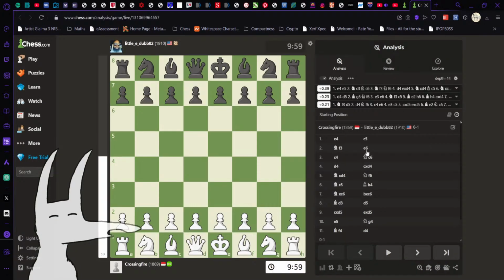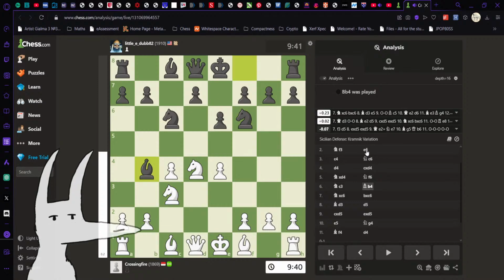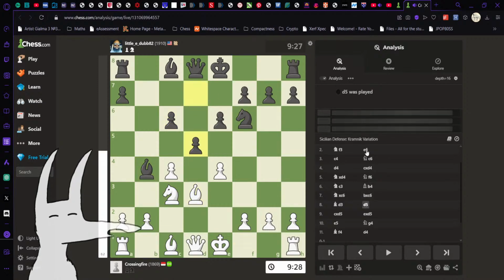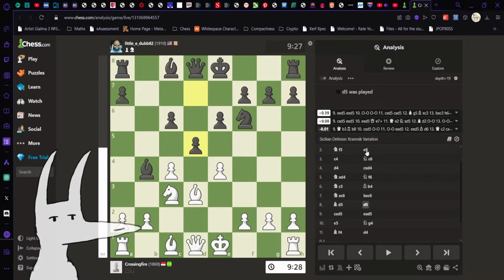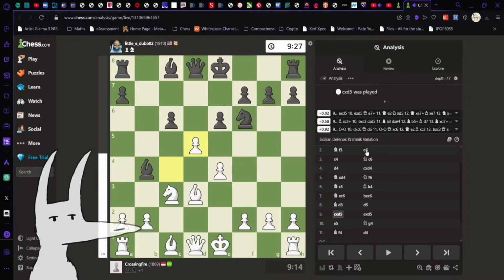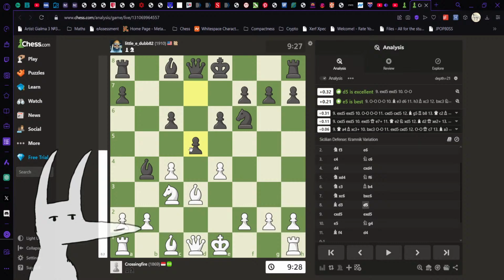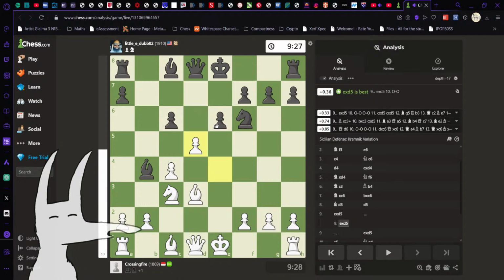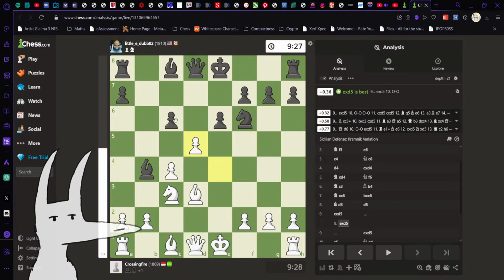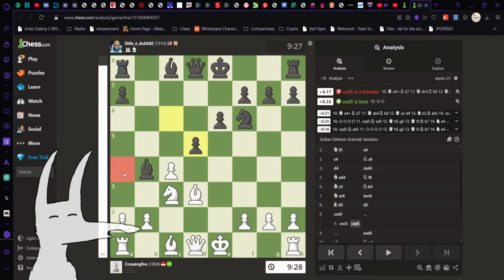Oh, this is so dumb. How do I deal with... I know everything here is correct. Knight takes c6 is correct, and then bishop d3 is correct. I just don't really know how to deal with d5. Apparently, e takes d is correct instead of c takes. Okay, so the threat is d4. We do e takes. C takes is immediately winning because of queen a4, so I have to be aware of that.